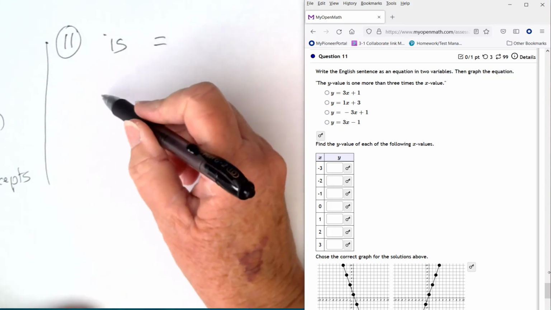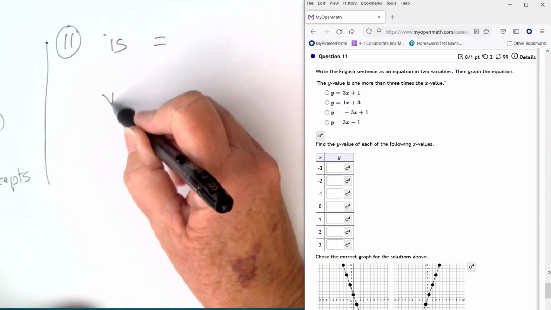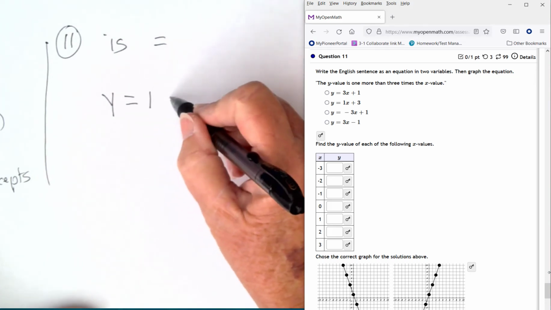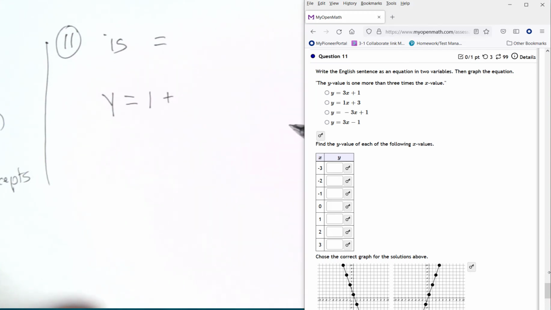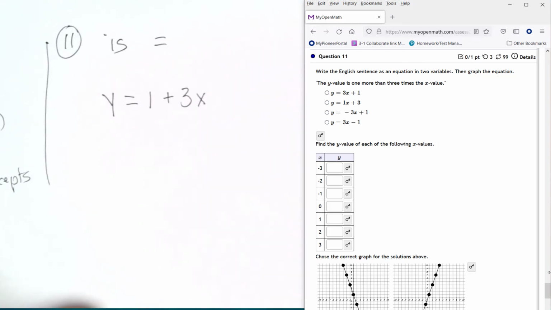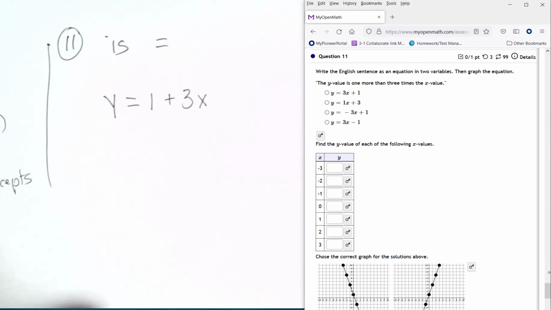So we have your y value is y equals 1 more than, so more than is addition. I can go ahead and write that. 3 times the x value. So if I was just going across, that's the way I would write it. When you pick out of the choices here, just be a little careful.